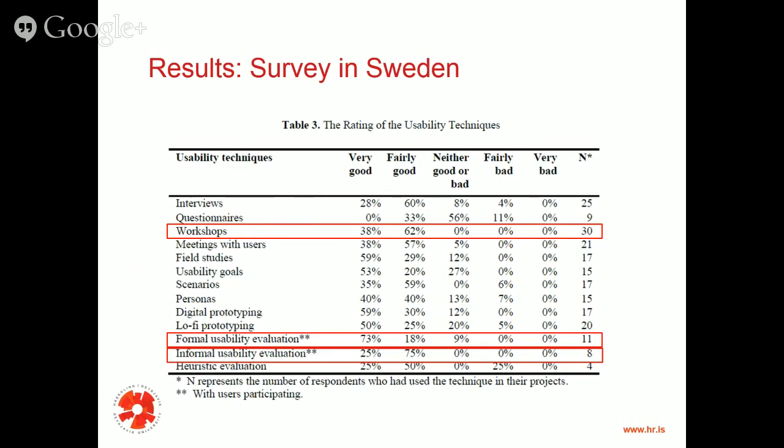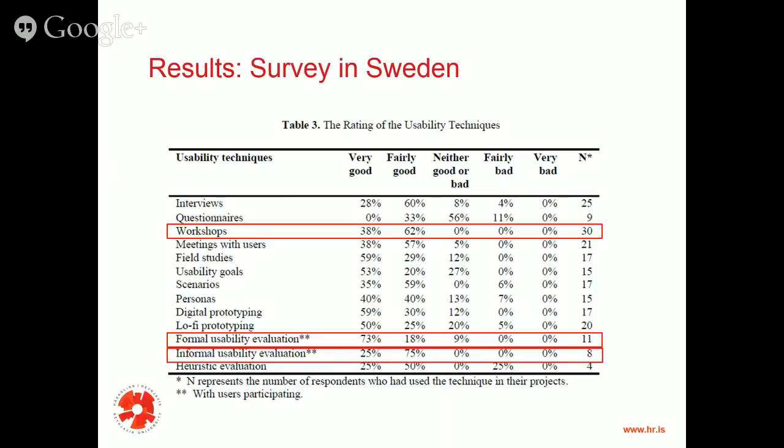But what do they think are the best methods, or give them valuable results? Formal usability evaluation, meaning user testing or think aloud, and you will do this in assignment 4, gets the highest rating, really the highest rating. 73% think it's a very good method and 18% fairly good.